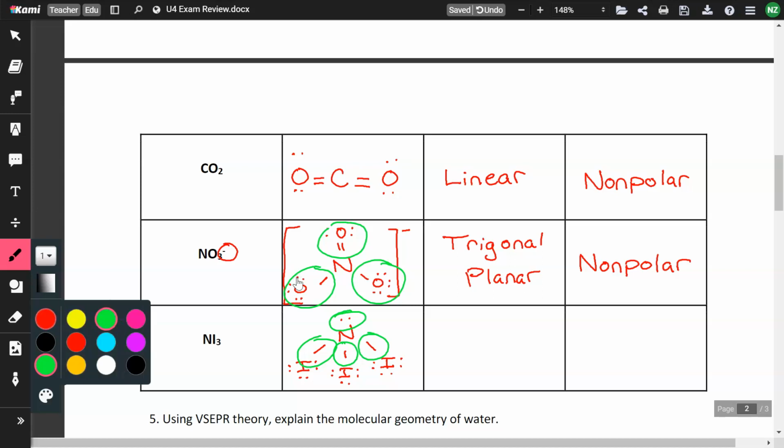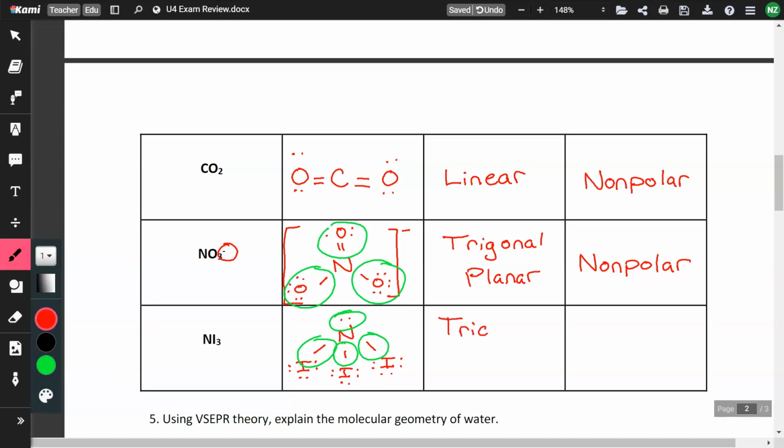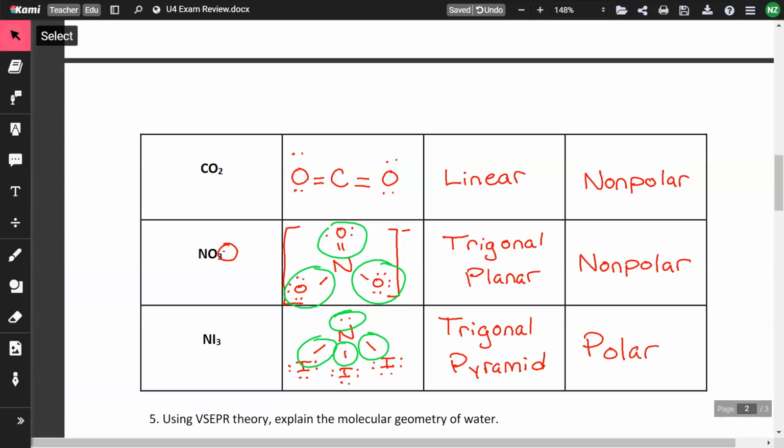One of them is a lone pair. So this is going to be trigonal pyramid. And even though it's iodine that's attached, we do have a lone pair of electrons on the nitrogen. So this one's going to be polar. Okay, let's move on to the next one here.